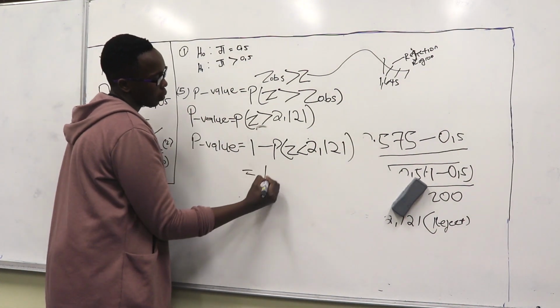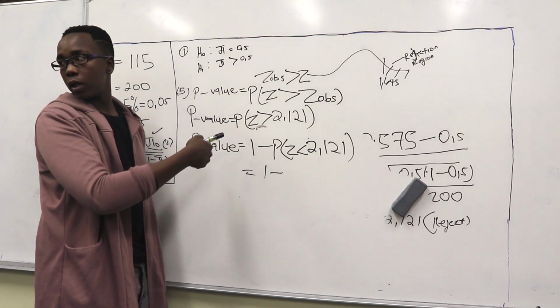Then you can check our Z in our Z table. It's 0.98300. So 1 minus the number, is it not 0.017? Yeah, 0.017. Okay, so this is our p-value.